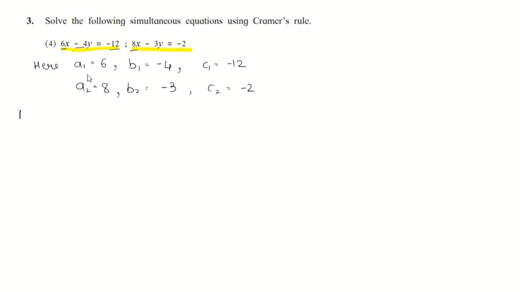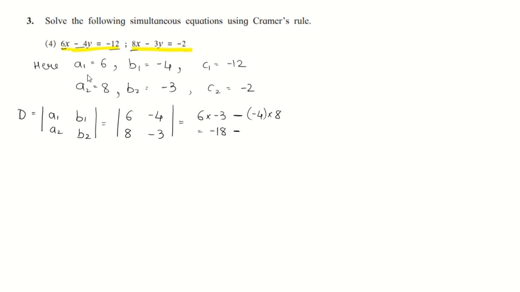Okay, so D is the determinant of a1, a2, b1, b2, that is, a1 is 6, a2 is 8, b1 is minus 4, b2 is minus 3. Solving this, 6 into minus 3 minus minus 4 into 8. 6 into minus 3 is minus 18.